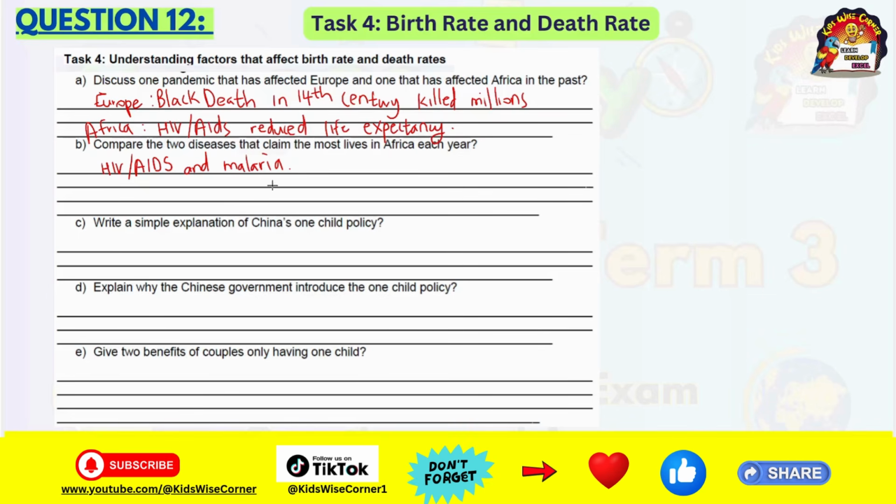So HIV weakens the immune system, and while malaria is spread by mosquitoes. So together they cause high death rates.